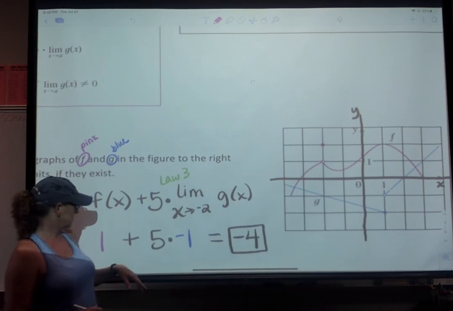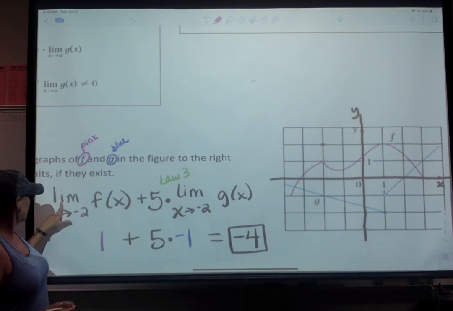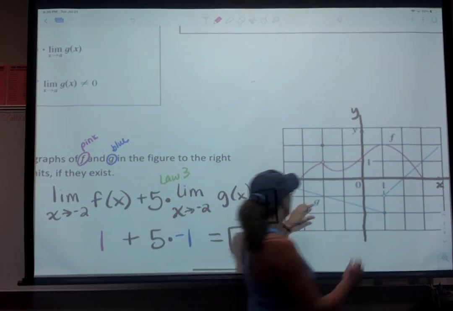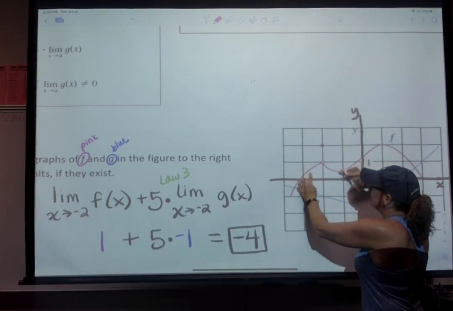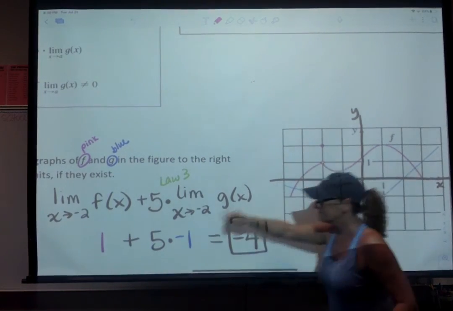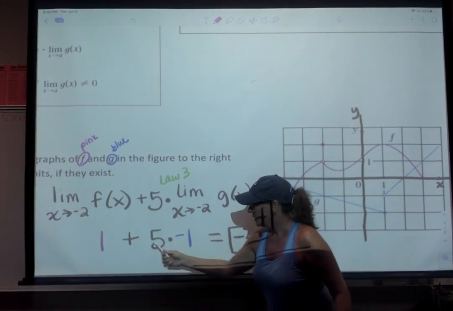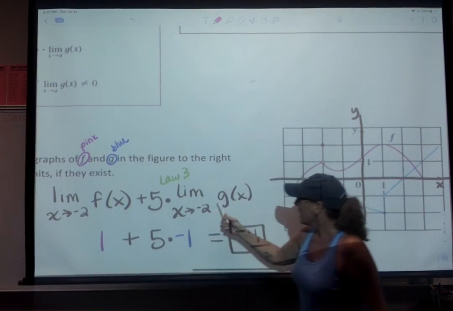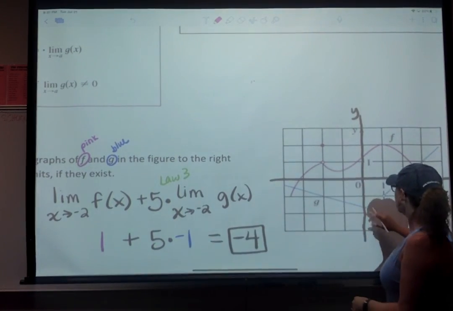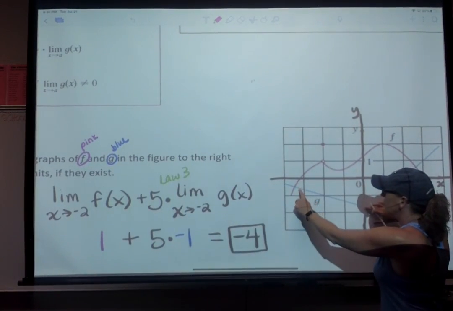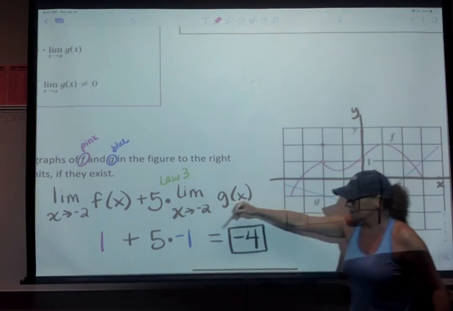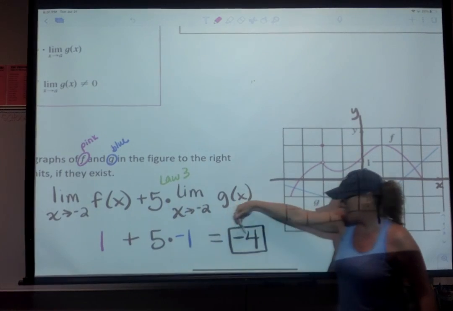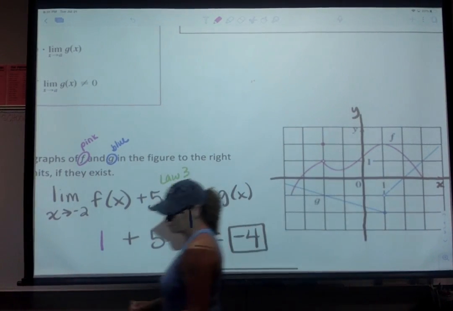And then, let's see, I evaluated. So I looked at the picture. As x approaches -2, where's the pink function headed? +1. Constant times. How about g of x? As x approaches -2, where is g of x headed? -1. Do the math. My answer is -4.